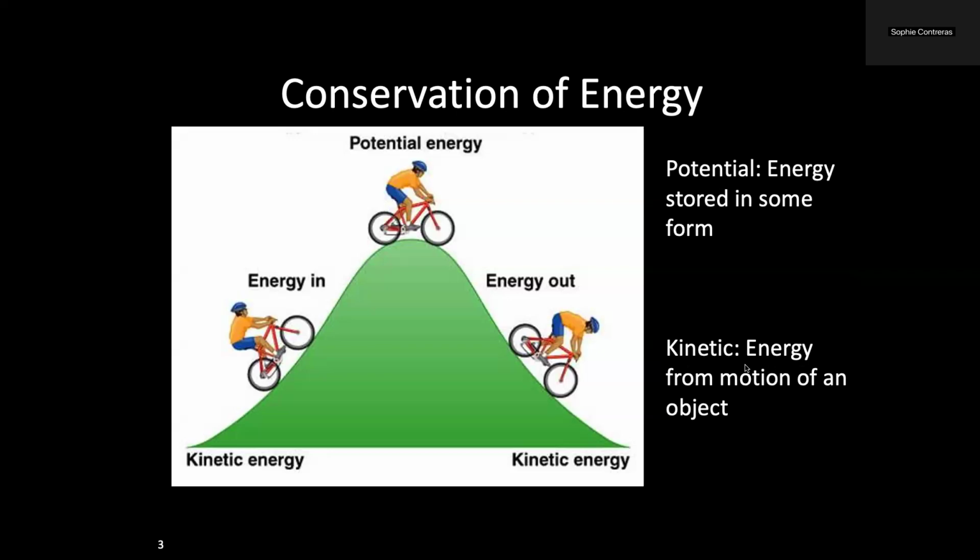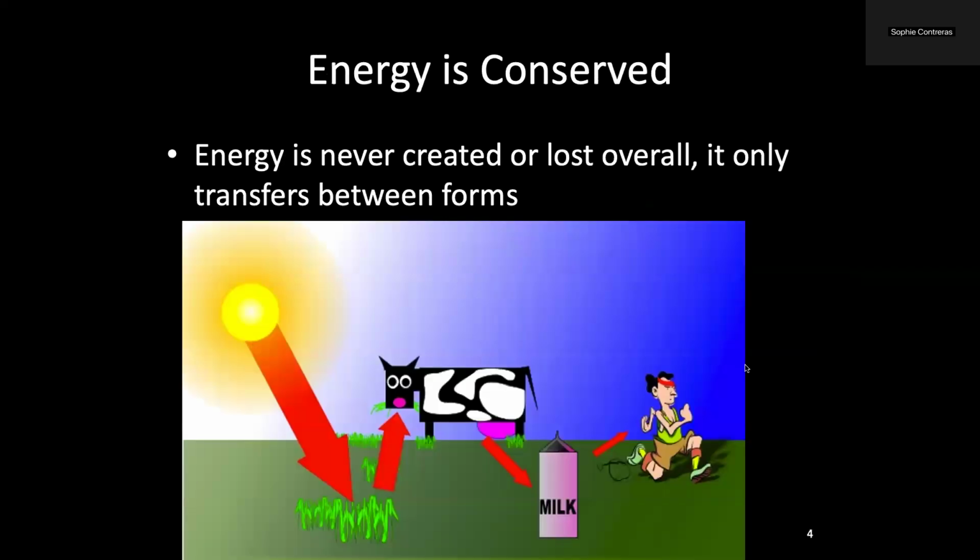Okay. And how do you get the energy to start going? Dinosaurs, right? Melted down dinosaurs. Okay. It's actually not dinosaurs, it's grass, but it's not as fun to say. Okay, so energy is never created or lost overall. So as long as you zoom out far enough, it basically all comes from the sun or from radioactivity.